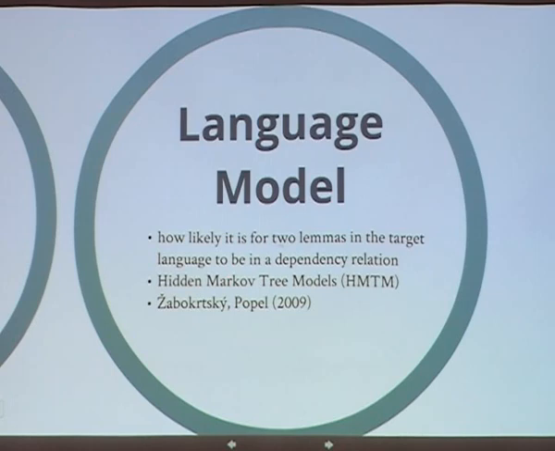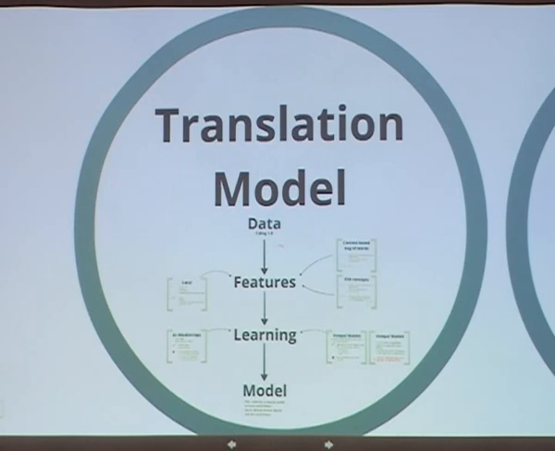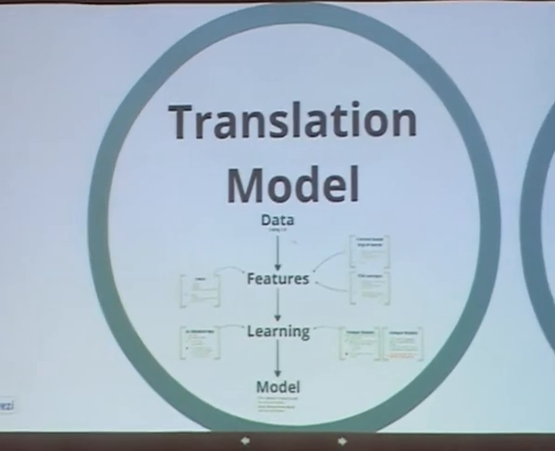The other part, the one that I'm more interested in, is the translation model, and this is what you might expect: given an English word, you obtain Czech candidates that are next re-ranked with the language model.